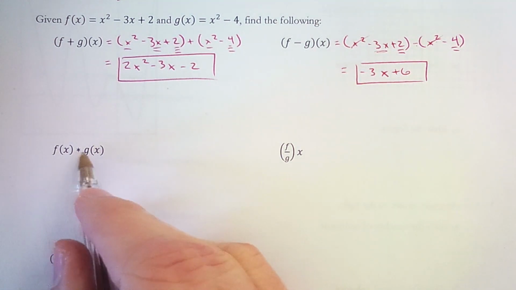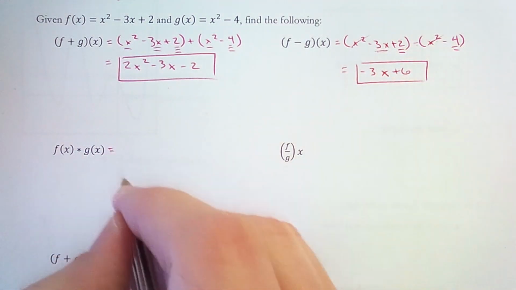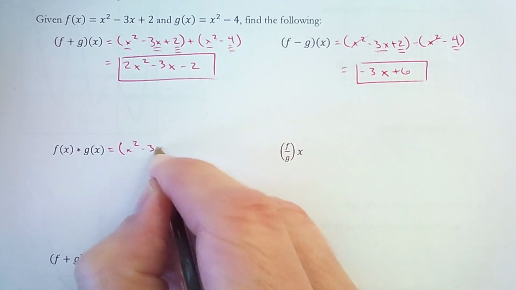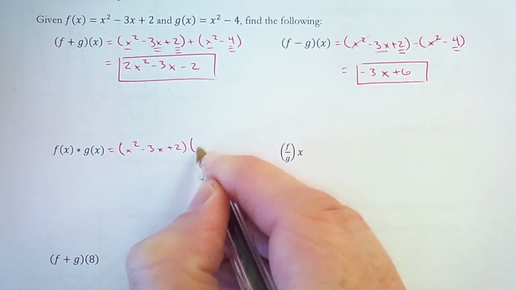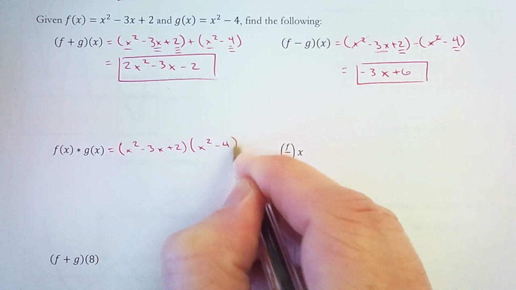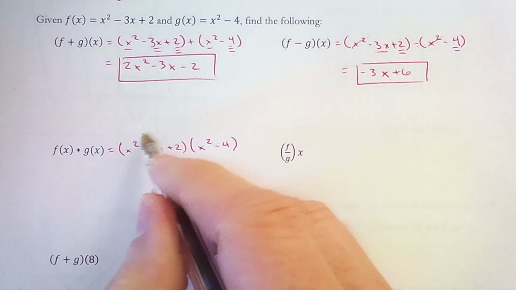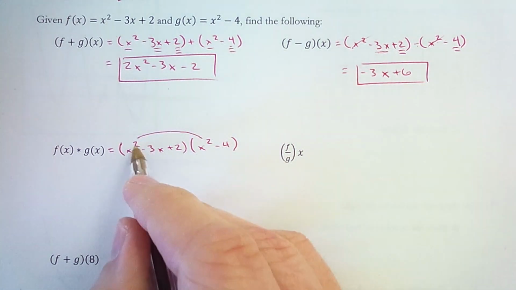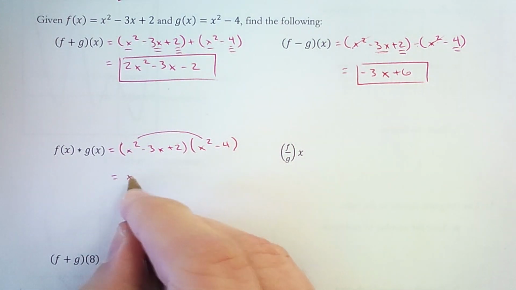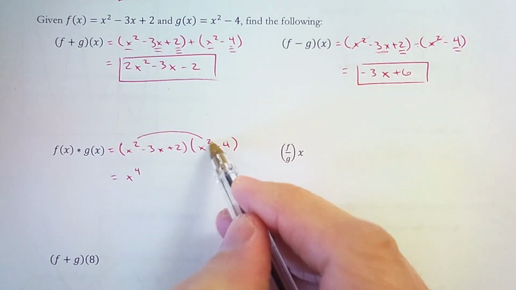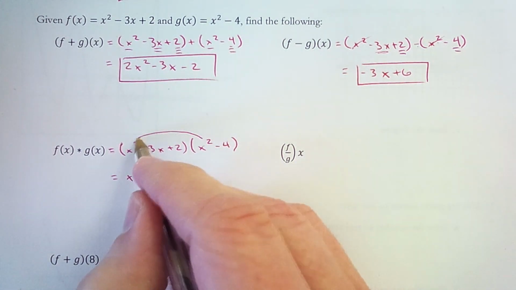Okay, now we're going to multiply two functions. So we have function f times function g. So that is x squared minus 3x plus 2 times x squared minus 4. Okay, now I am going to distribute x squared. So x squared times x squared is x to the 4th power. So in this case we add the exponents and get x to the 4th.